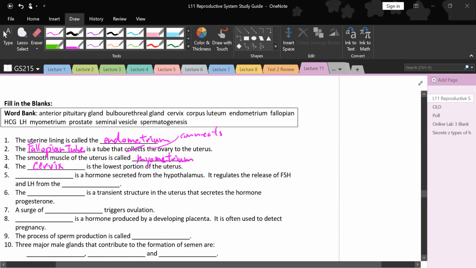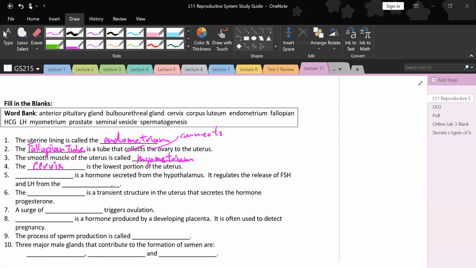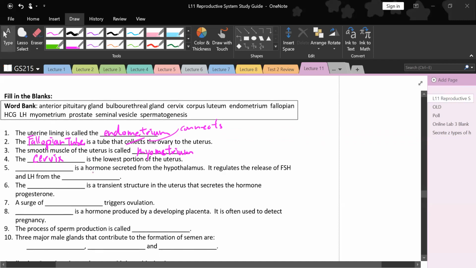When there is pregnancy, there's a mucus plug that forms at the cervix that keeps anything from going in or coming out, because we don't want pathogens to go into the womb, for example, to affect the baby, right?